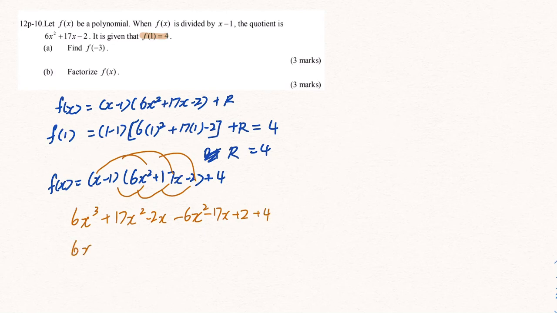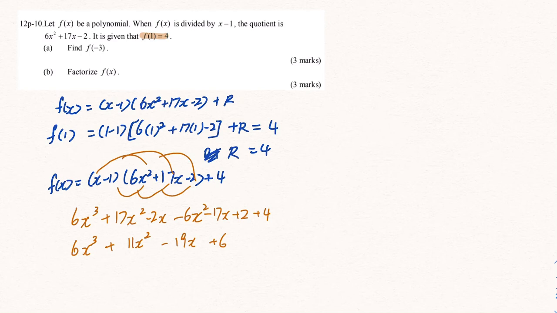So you're getting 6x cubed plus 11x squared minus 19x plus 6. Did you get this as well? Hopefully you did, and if you did, then let's continue with the question.